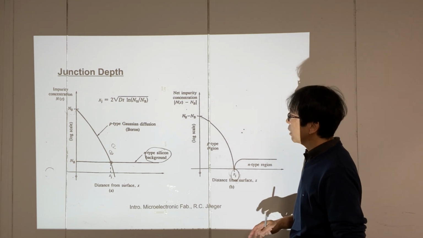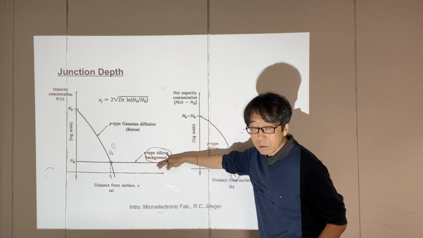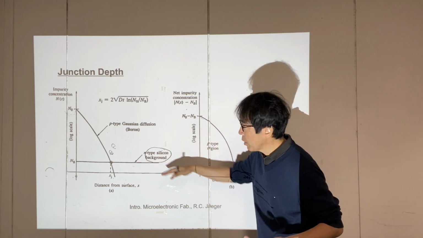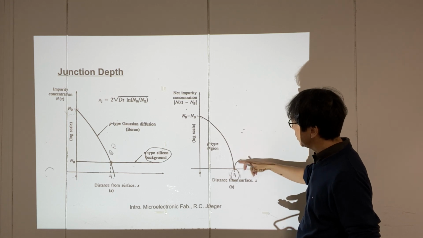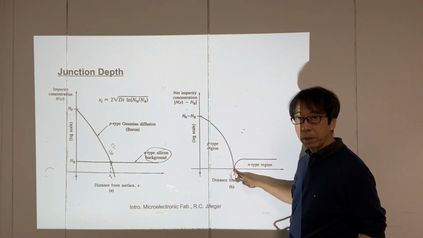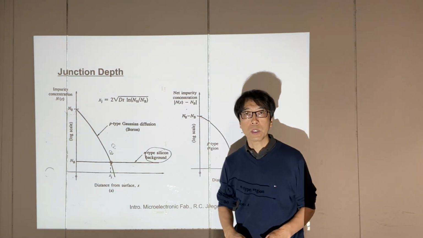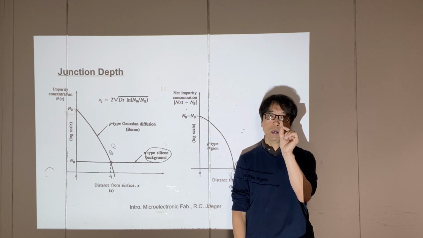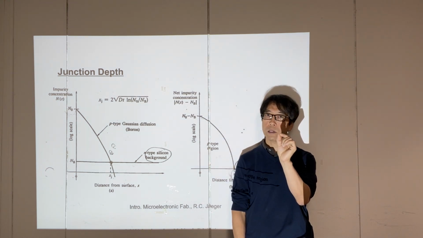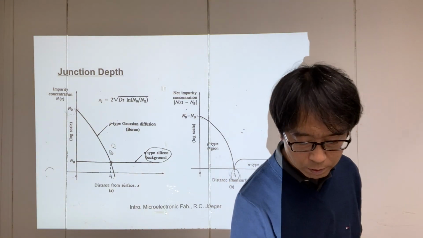If you consider the background concentration altogether, the total doping profile will pretty much look like this, right? At this point, the p-type impurities and n-type impurities become equal to each other, so you will obtain the pure semiconductor. That is the p-n junction. It's right here. Okay, so that's the profile you can obtain.